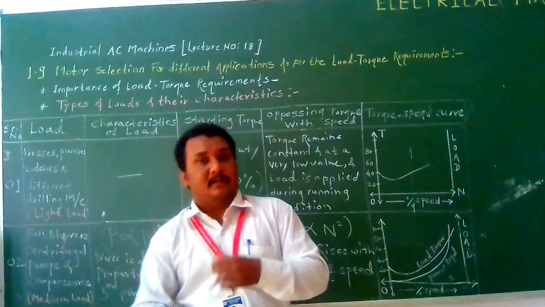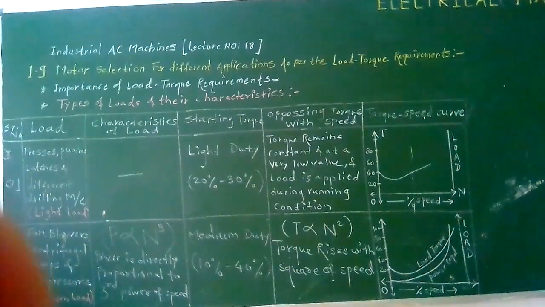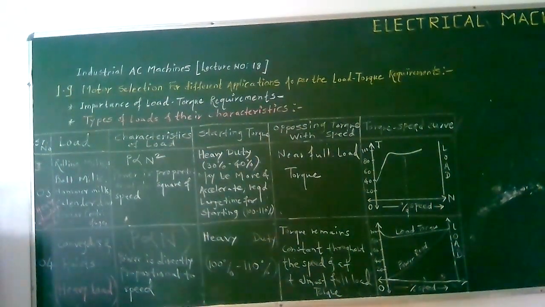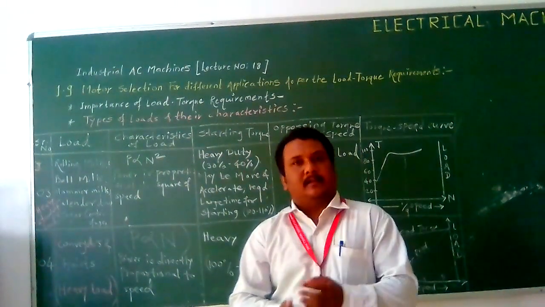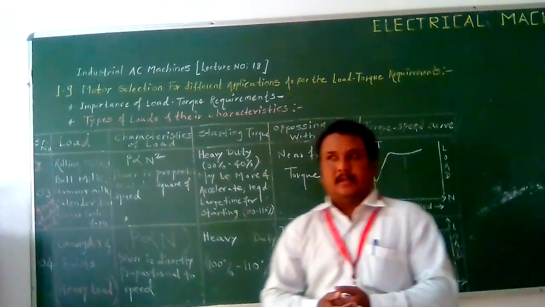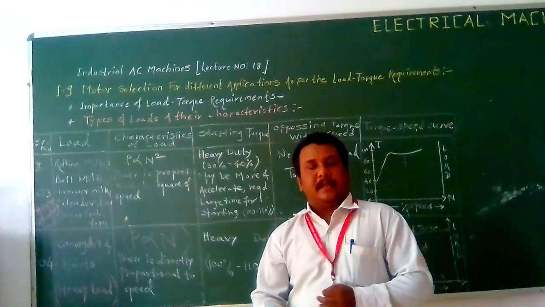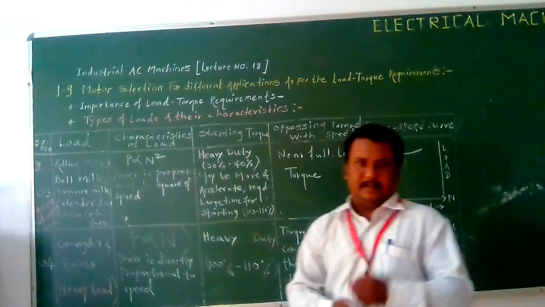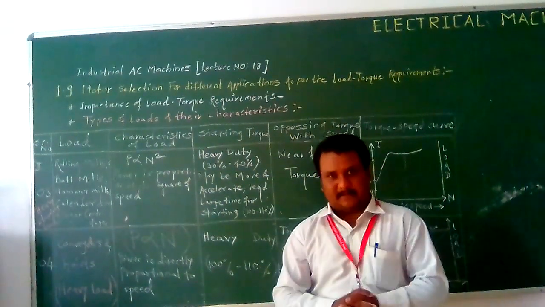The next method is seen in part B. Now come to part B. We have already seen two types of load: light load, such as presses, punches, different types of drilling machines; then medium load, such as fans, blowers, centrifugal pumps, compressors. These are the medium load applications, and high speed applications also.